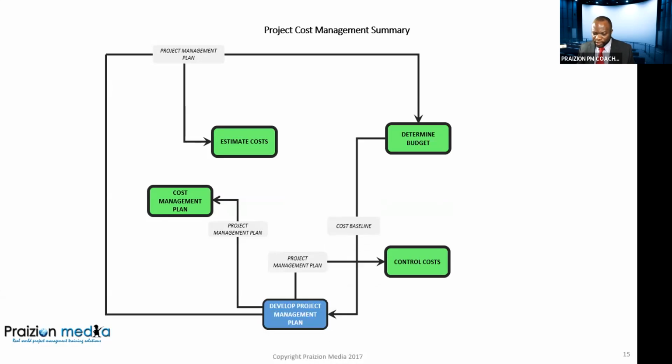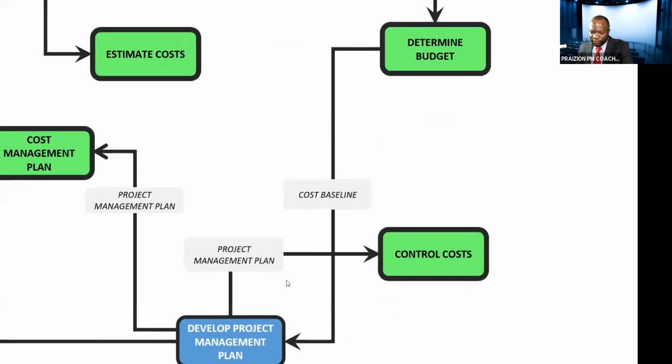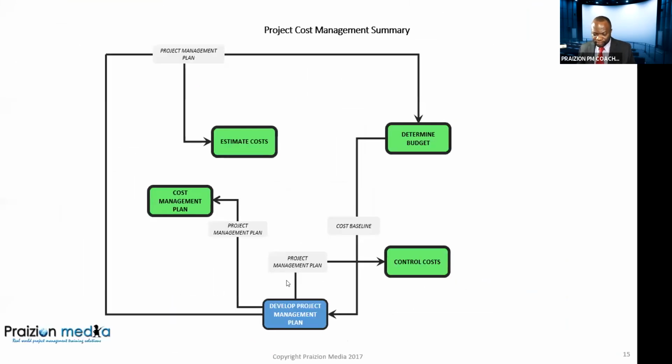Now, another relationship that you want to remember is that the cost baseline becomes part of the project management plan. So this one right here that I'm showing you, just showing you that from determine budget, you get the cost baseline, and you need to remember that becomes part of your project management plan and relevant to the knowledge area.